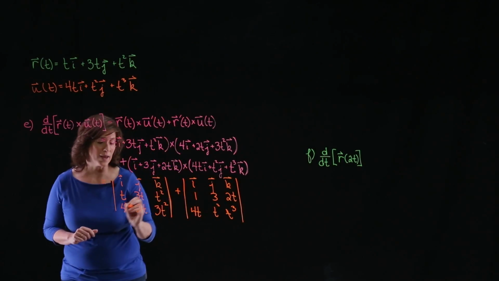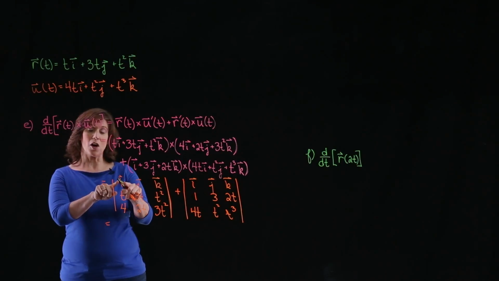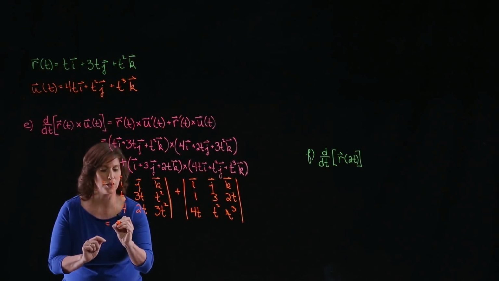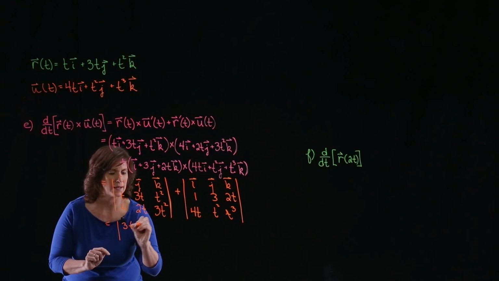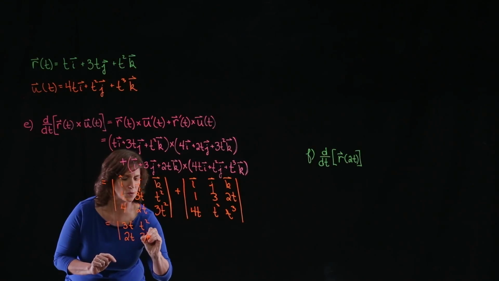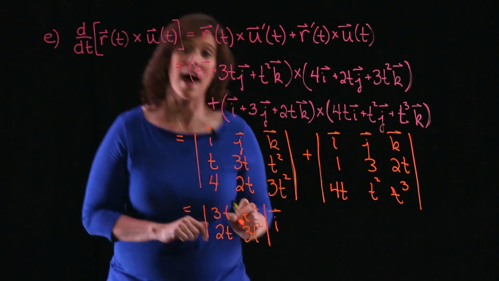So now let's evaluate the cross products. So I'm going to start with the row and the column that contain i and eliminate those and look at 3t, t squared, 2t, and 3t squared, and then multiply that by my vector i.